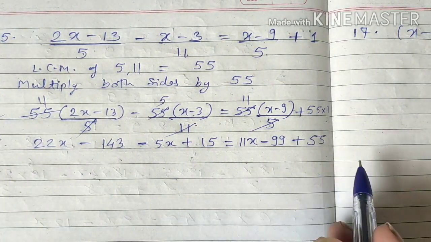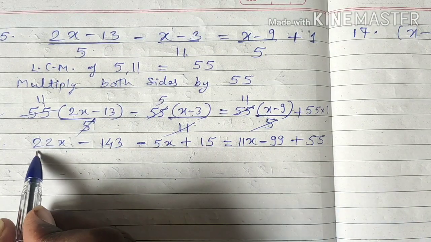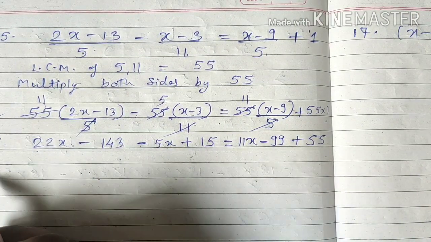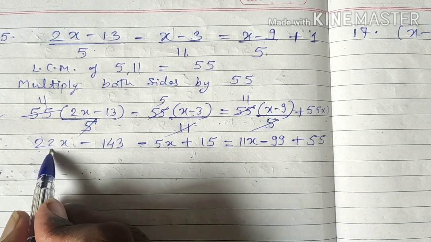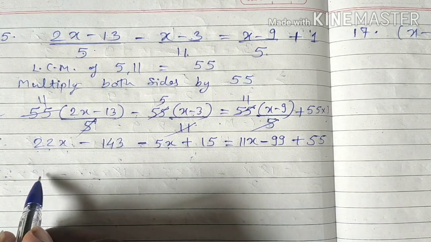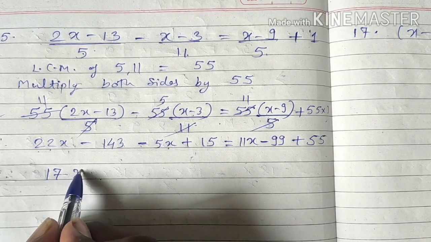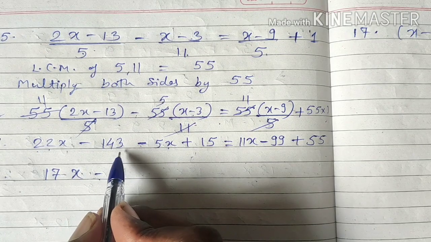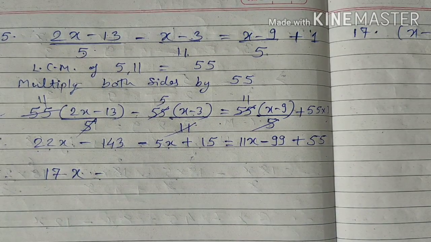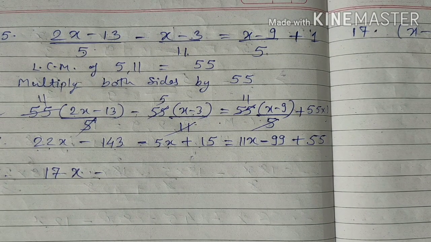Now, 22x minus 5x is how much? 22x minus 5x will be 17x. Minus 143 plus 15 is minus 128. Minus plus will be minus.